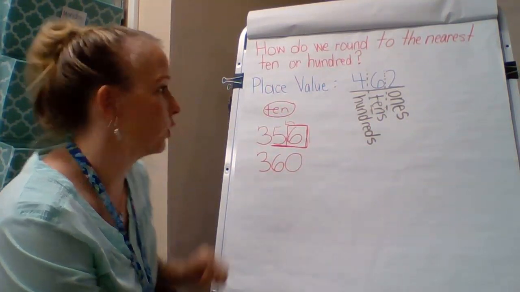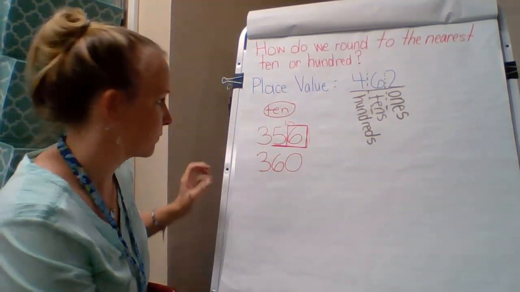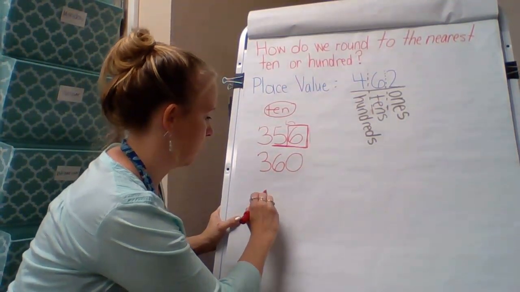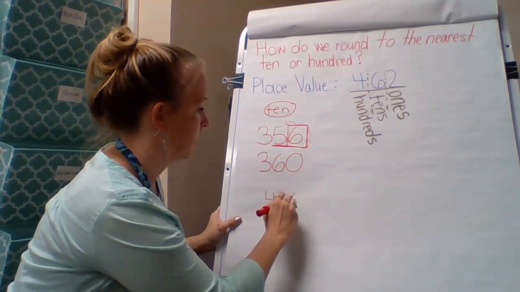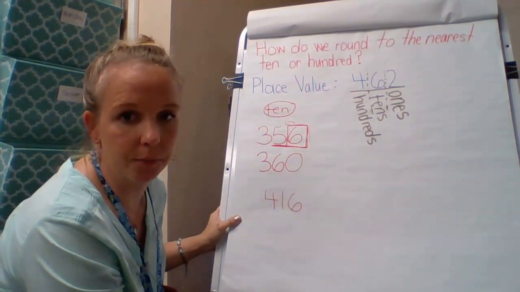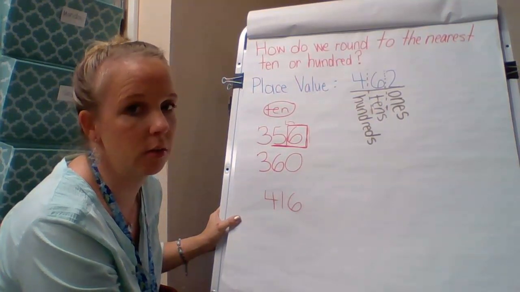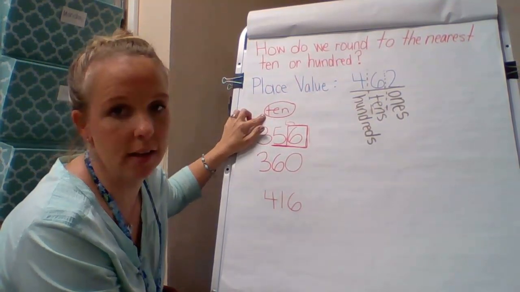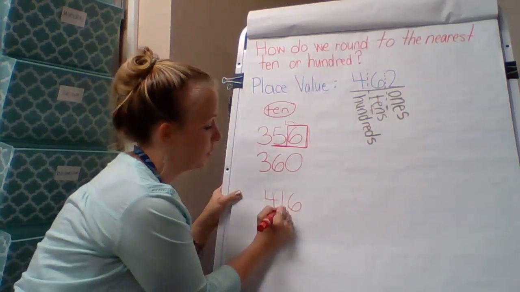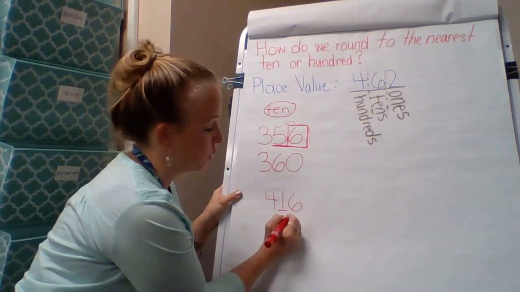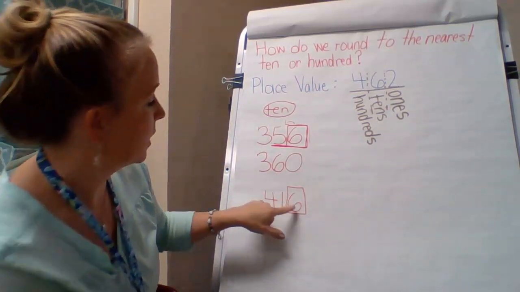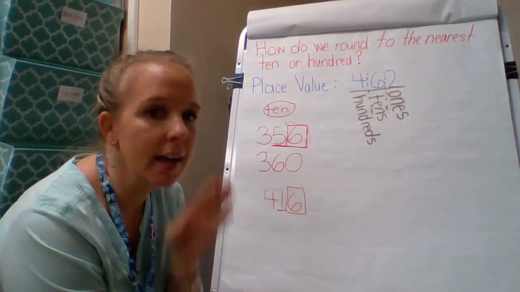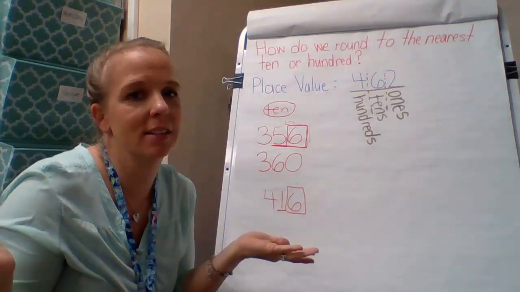Okay, let's try another one rounded to the nearest 10. I'm going to say 416. I want to round to my nearest 10, so I'm going to underline my tens place. I want to walk over to my neighbor's house and put a box around my neighbor. I'm going to go to the number 6 and say, hey, number 6, I need some advice.